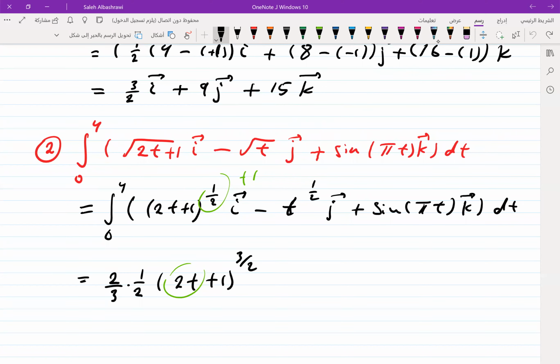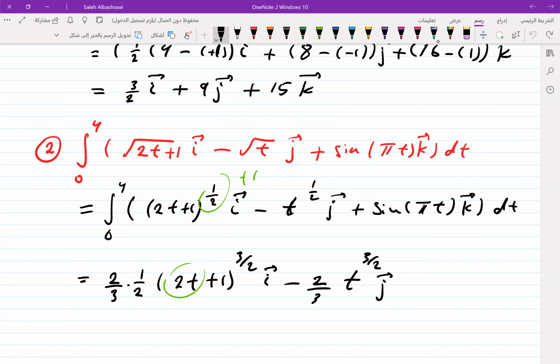So this is the first component. Minus 2 over 3 t to the power 3 over 2 j.